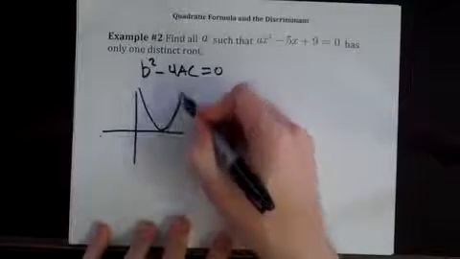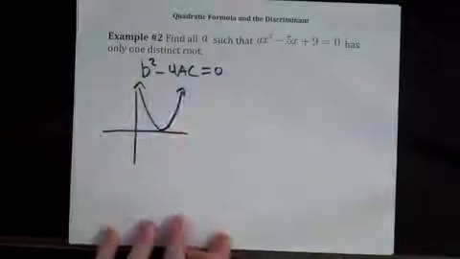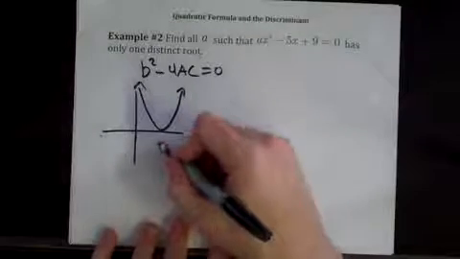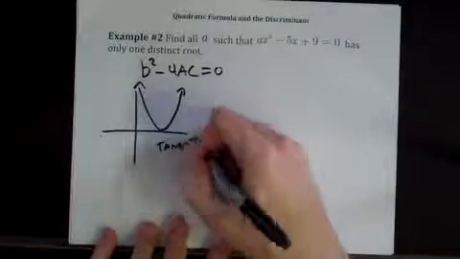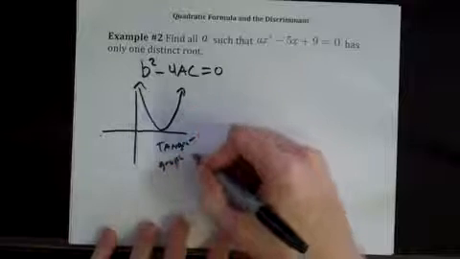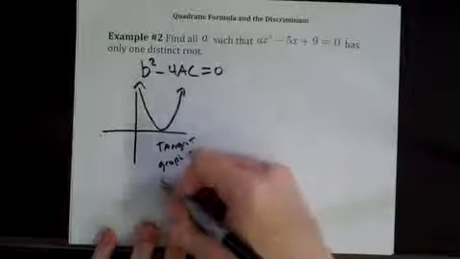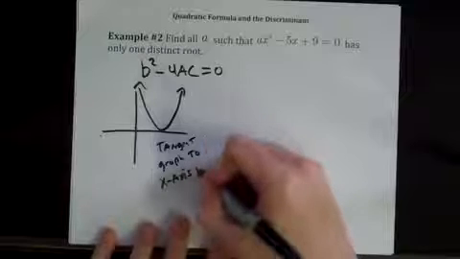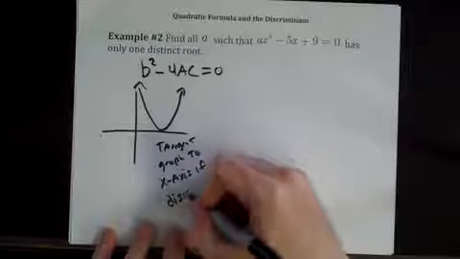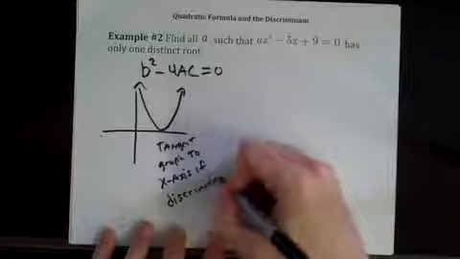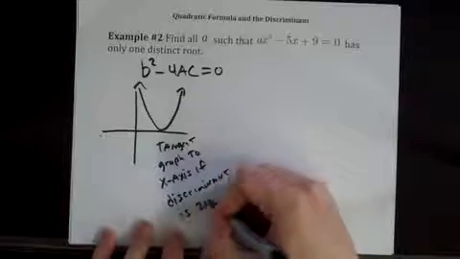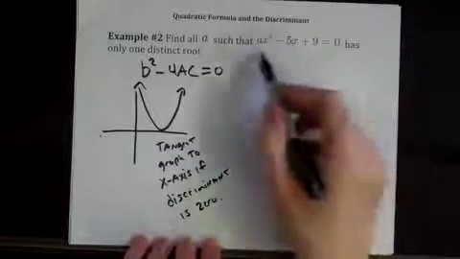The graph is going to touch the x-axis in one point only. It'll be tangent to the x-axis if the discriminant is 0.